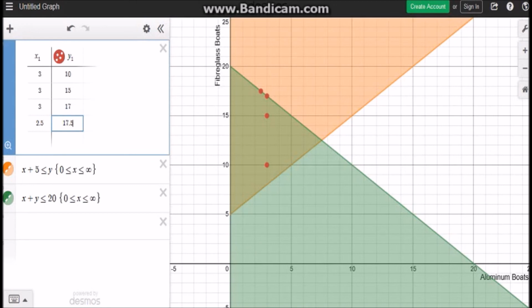You cannot manufacture 2.5 aluminum boats, and you cannot manufacture 17.5 fiberglass boats. This solution set is discrete, and unfortunately I don't know how to identify that on a Desmos, so you need to make a note of that, either on your screenshots or somewhere in your note, that this is an example where the solution set is an element of whole numbers. Whole numbers are any positive integer, including 0.